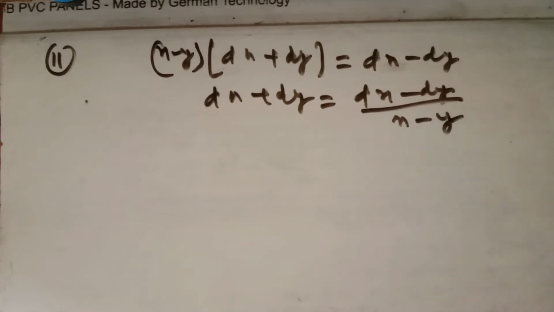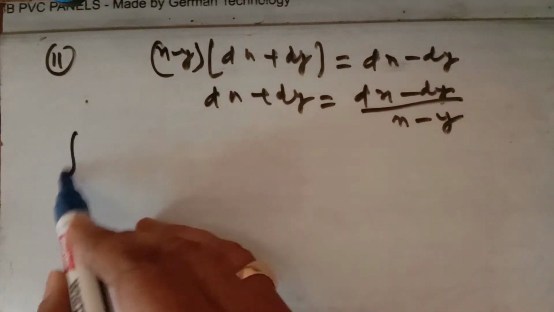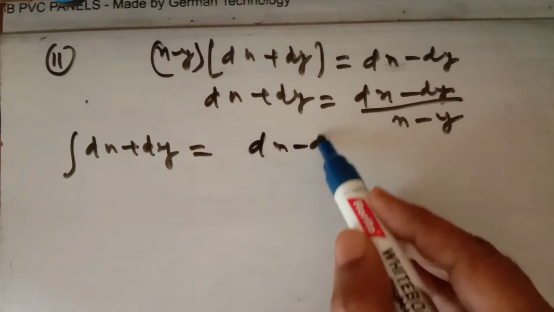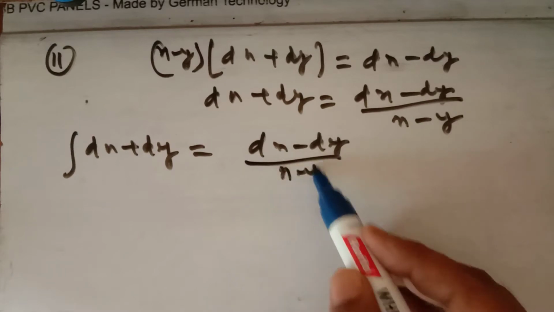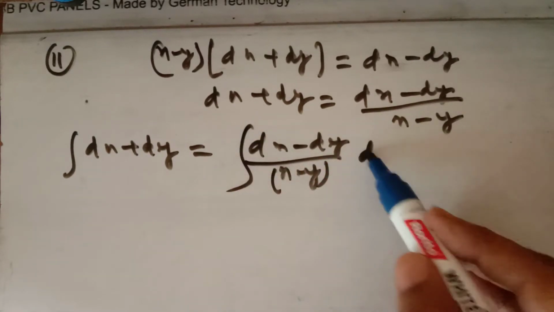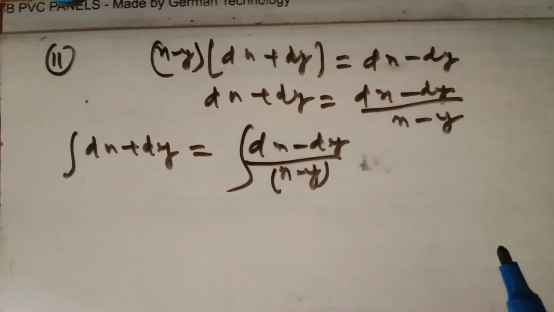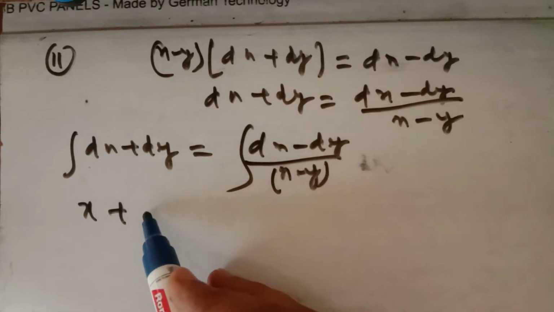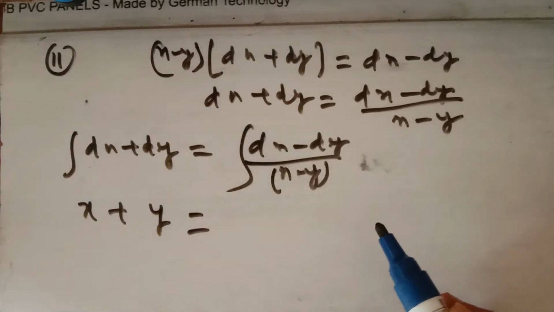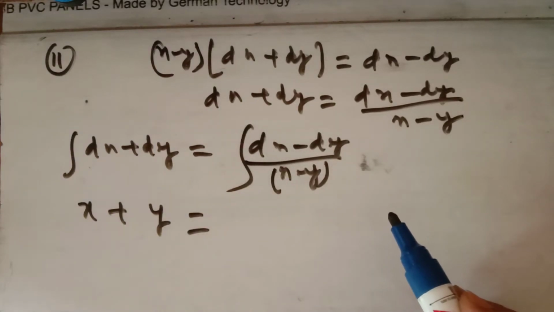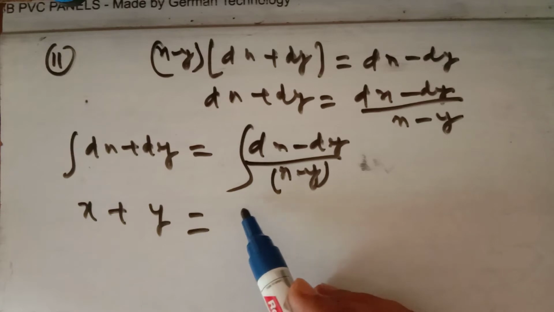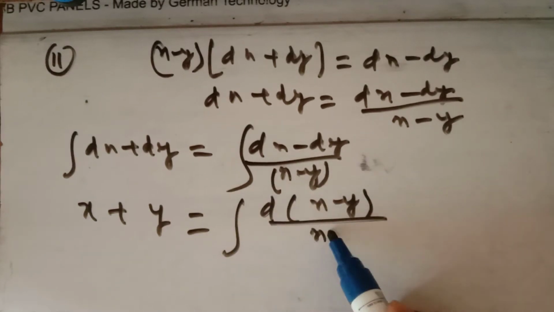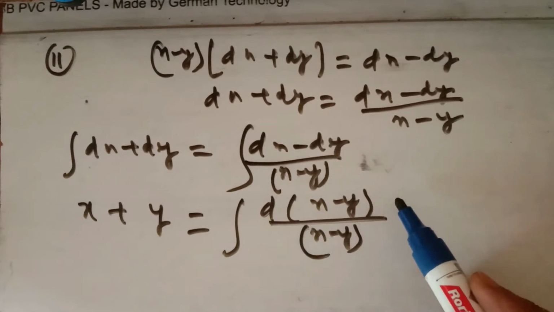Taking integration on both sides, the integration of 1 with respect to x will be x, and the integration of 1 with respect to y will be y, and on the right d(x minus y) upon (x minus y) you have to take.